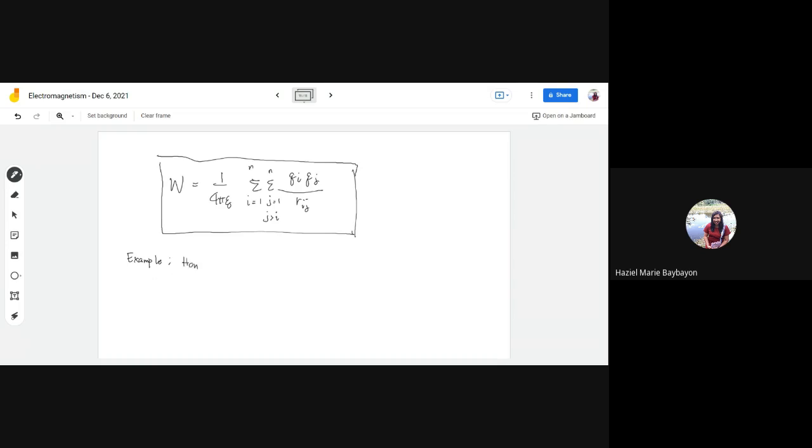How much work does it take to bring in another charge from infinity and place it in the fourth corner?